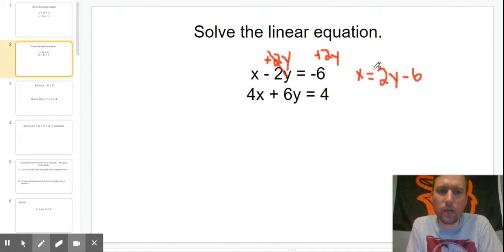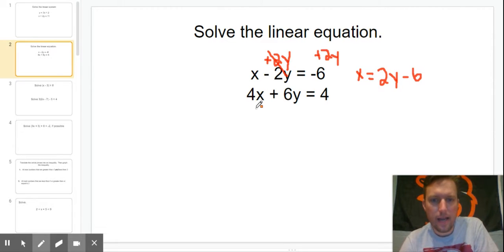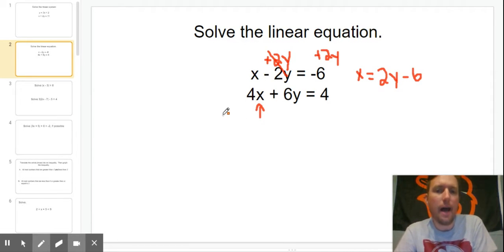Now that I have x equals 2y minus 6, I can take this value of x and plug it into my second equation. I can substitute it and then solve for, in this case, y.